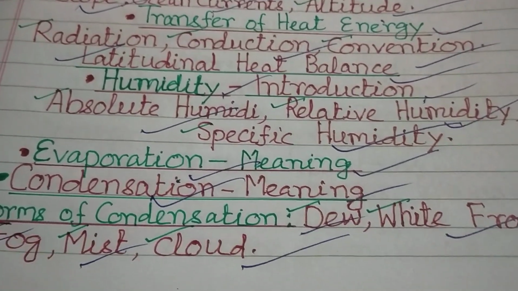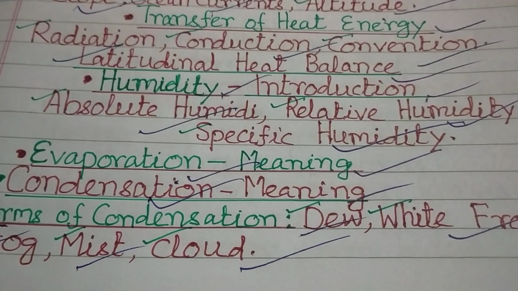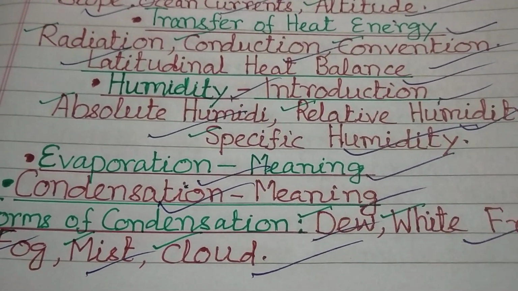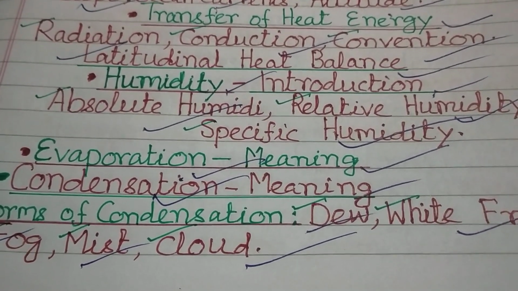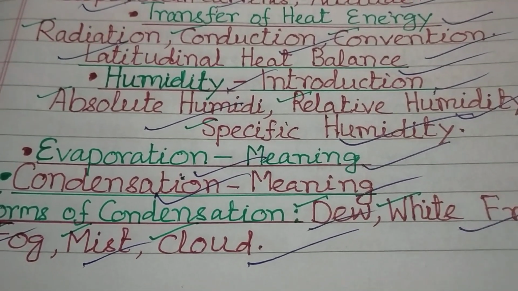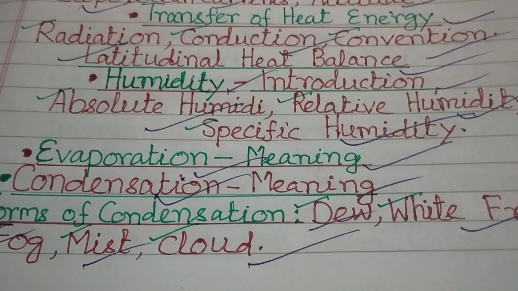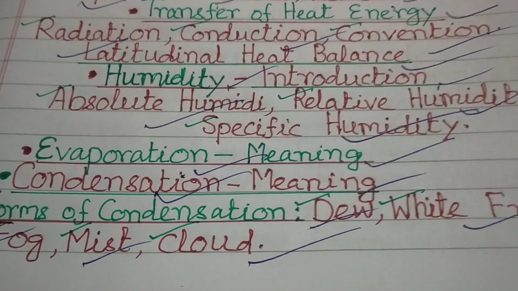And the second form of condensation is white frost. When condensation takes place at a dew point which is at or below freezing point, that is 0 degrees centigrade, excess moisture is deposited in the form of minute ice crystals instead of droplets of water.